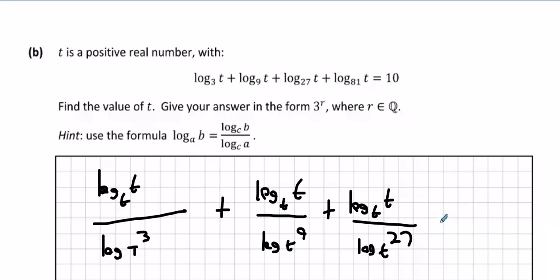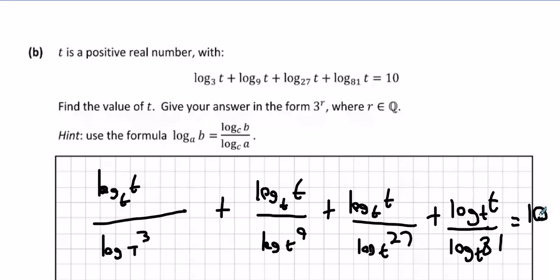And after that, log t base t over log 81 base t, and the whole thing equals 10.